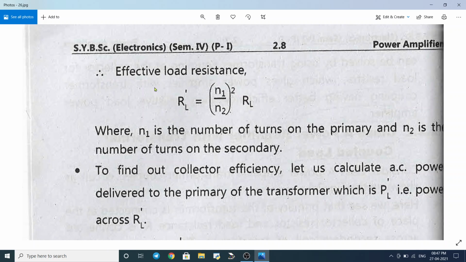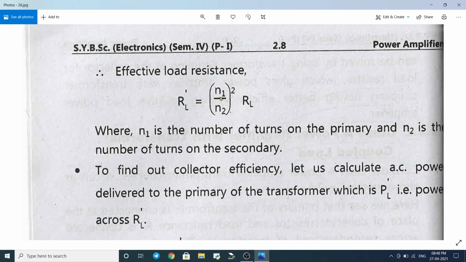The effective load resistance due to transformer coupling is given by RL dash equals (N1 upon N2) whole square into RL. This is the actual load resistance, but a transformer has a number of turns in primary and in the secondary, so that we have an effective load resistance.